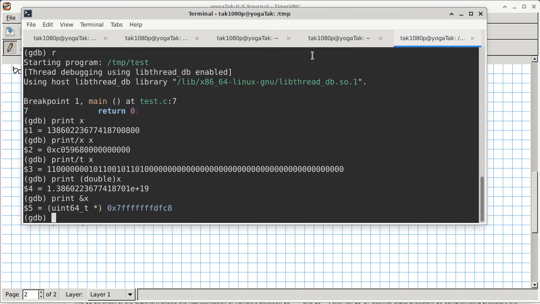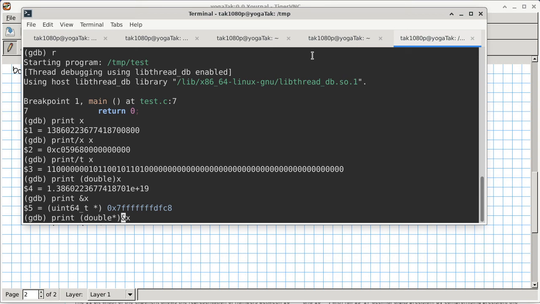So now let's do that. What is that doing? Once again, it is a typecast operator, but what am I casting in this case? I'm not casting X. I'm casting the address of X, which used to be a pointer or an address to a uint64_t. In other words, ampersand X used to be the address of a 64-bit unsigned integer. I go like, wait, hold on a second here.